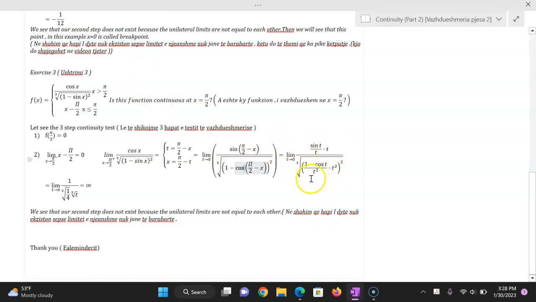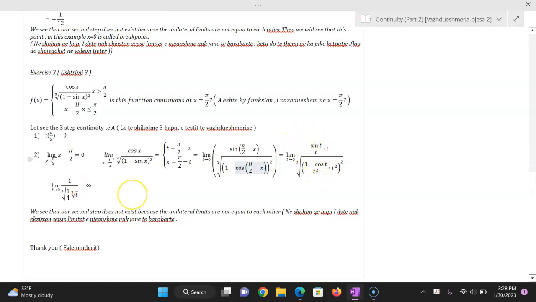And from the cosine, we know that 1 minus the cosine of t over t squared, in the limit when t approaches 0, is equal to 1 over 2. And we'll need to transform this: here is the transformation, 1 minus cosine of t over t squared times t squared. That goes to 1 over 2, and that goes to 1.